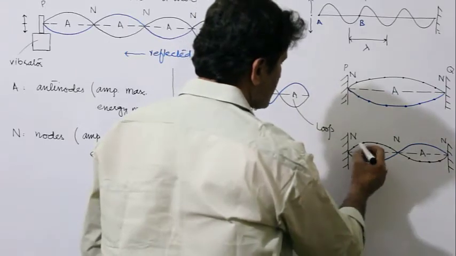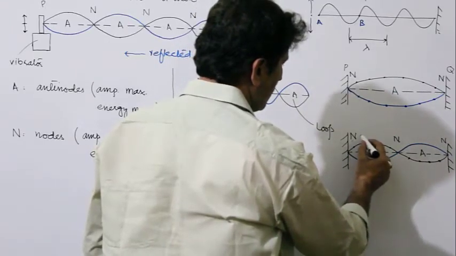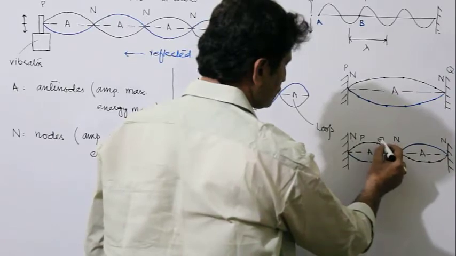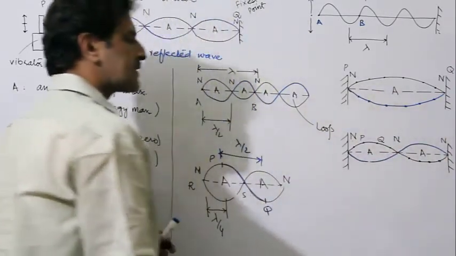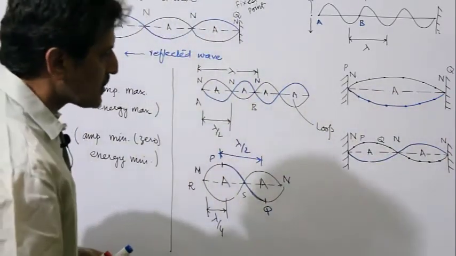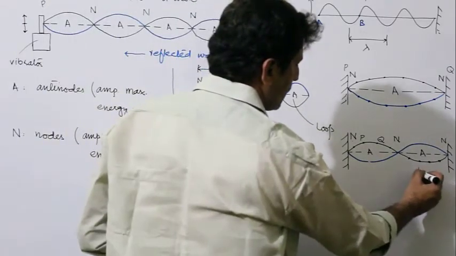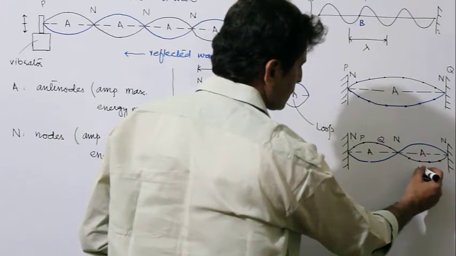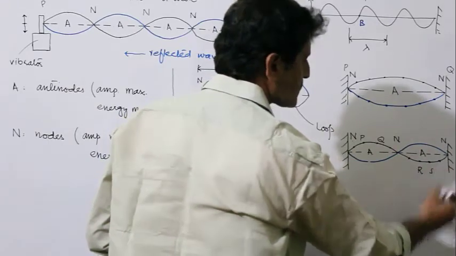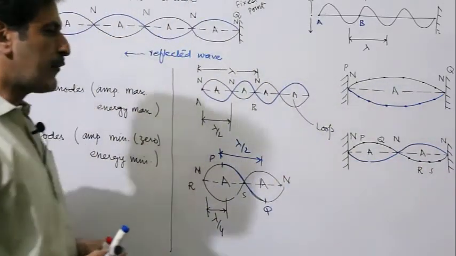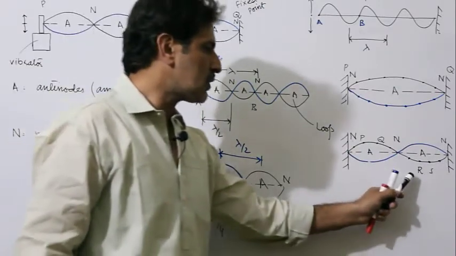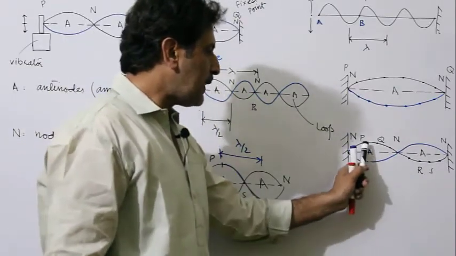So these particles, for example, P and Q are same phase particles because these are on the crest position, and particles R and S are the same phase particles because they are on the trough positions.